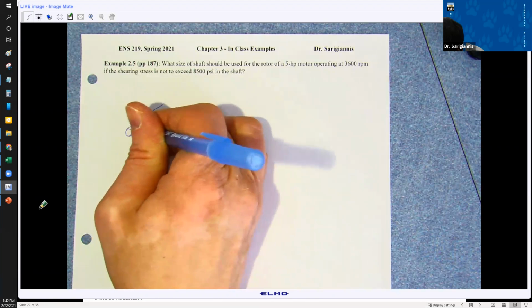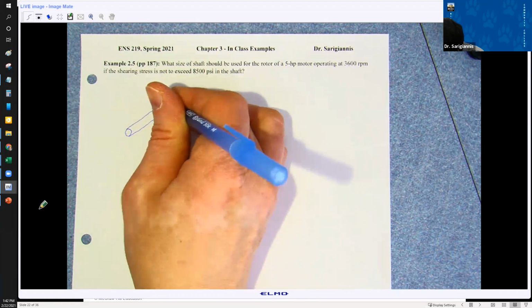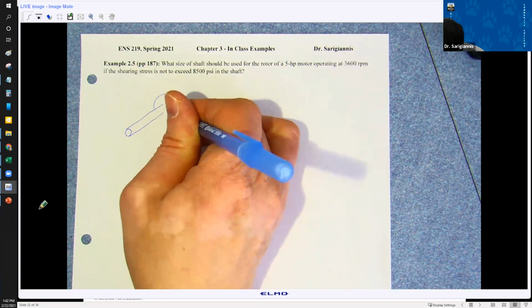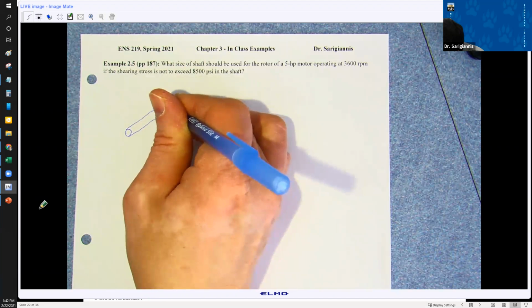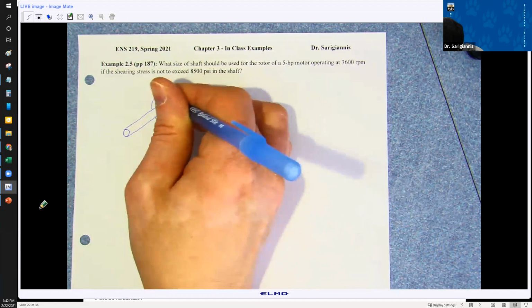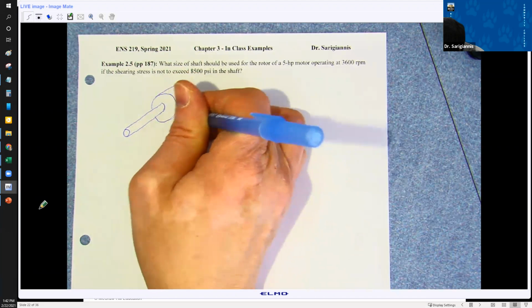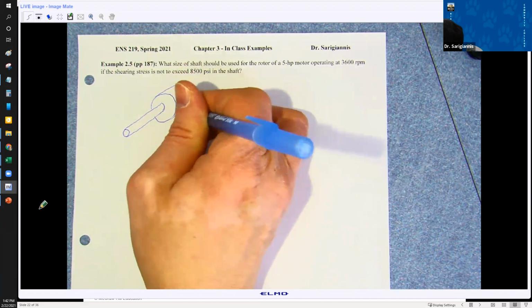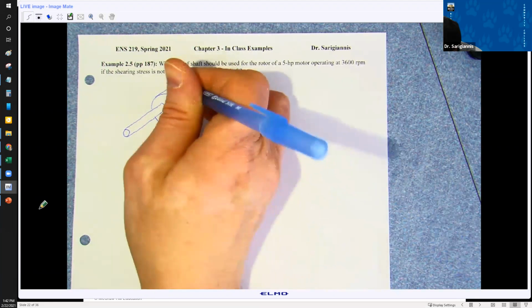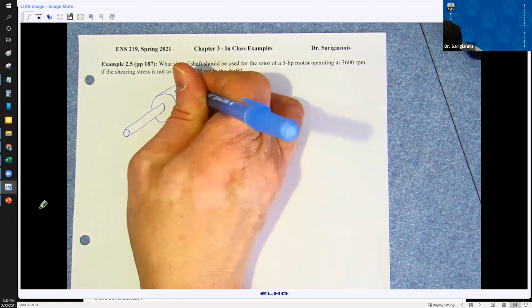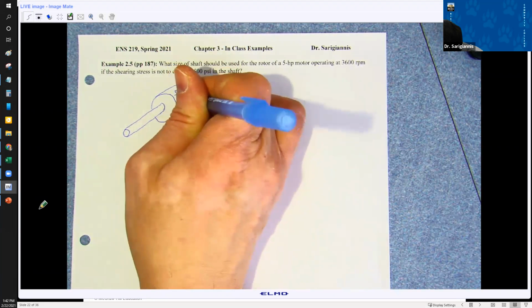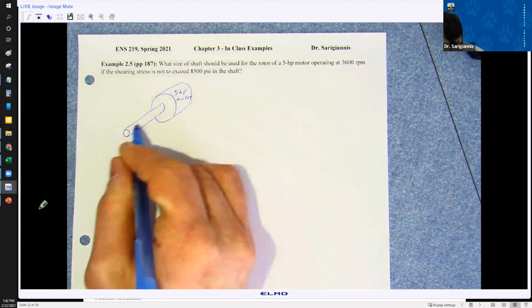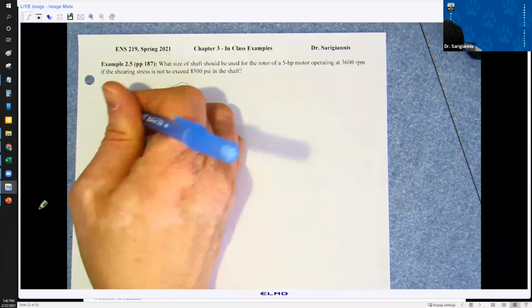Oh, it was going better than I expected, didn't it? Messed it up. So this is your 5 horsepower motor. And this is your shaft here, right?